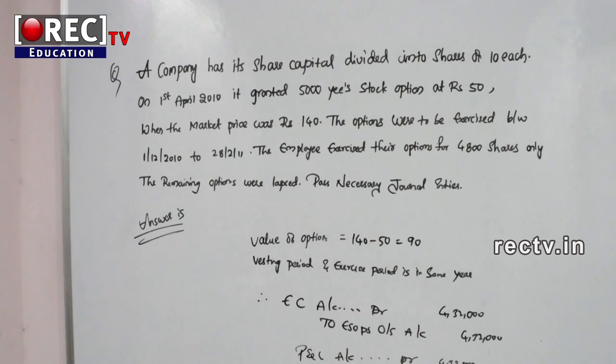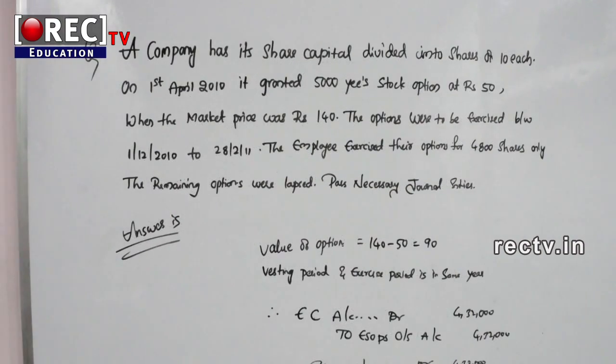Let us see a question. It is based on the ICAI guidelines. A company has its share capital divided into shares of 10 each. On 1st April 2010, it granted 5,000 employee stock options at rupees 50 when the market price was 140.